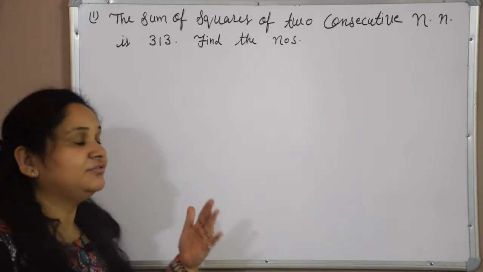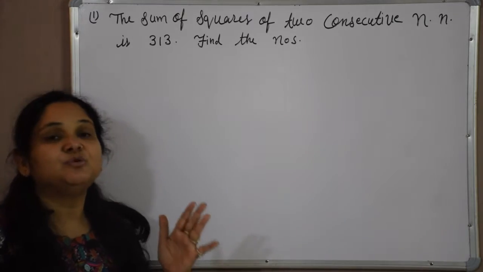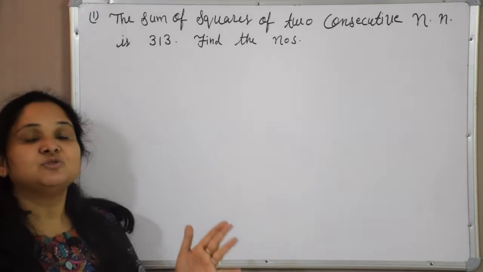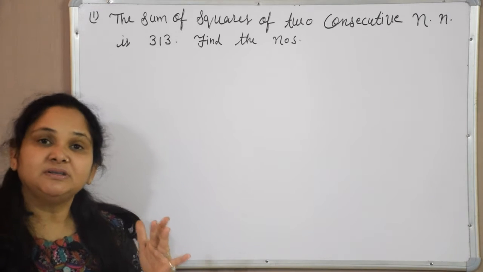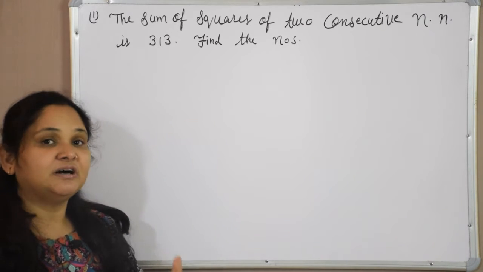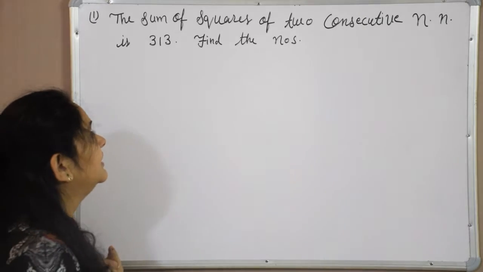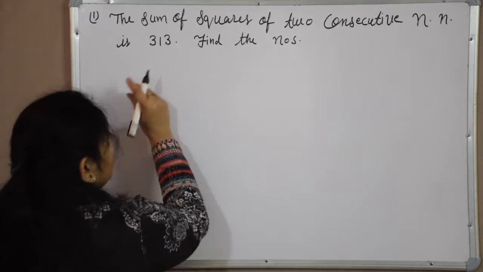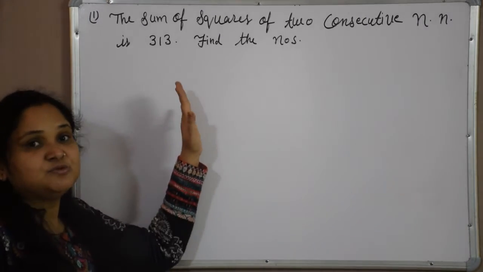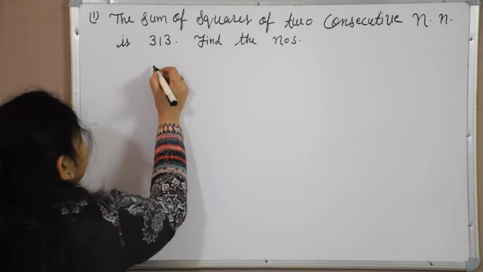If we suppose 2 as a natural number, the next natural number should be 3. 2, 3, 4, they are all consecutive. So in these types of questions we always need to suppose some x.